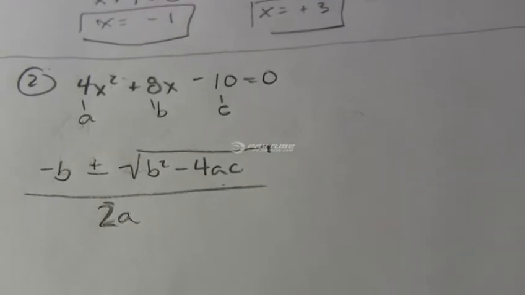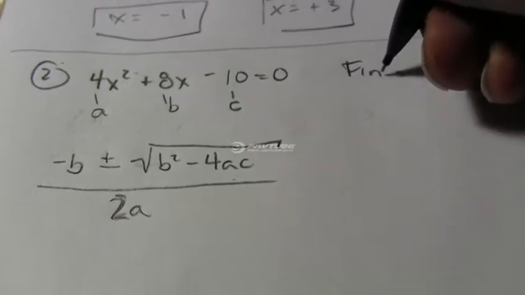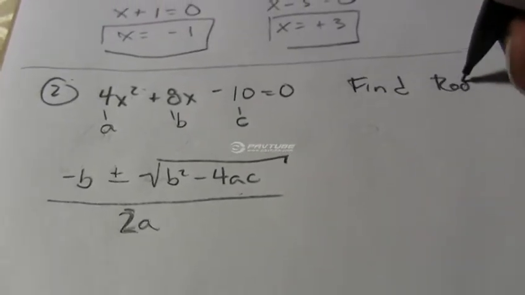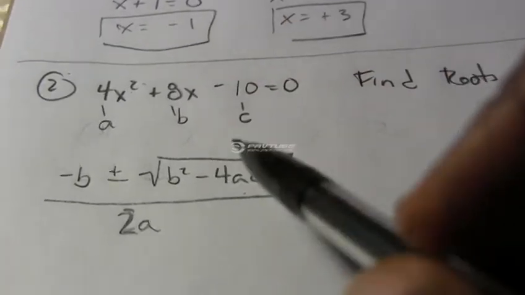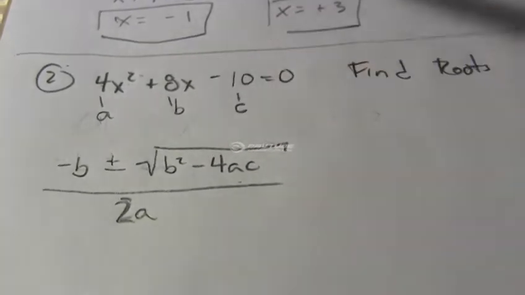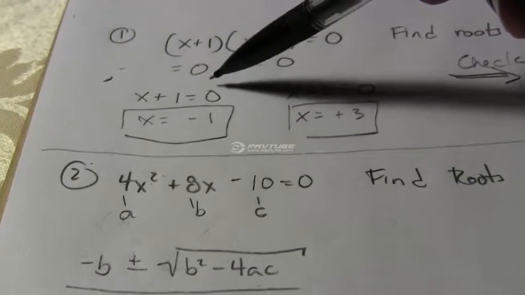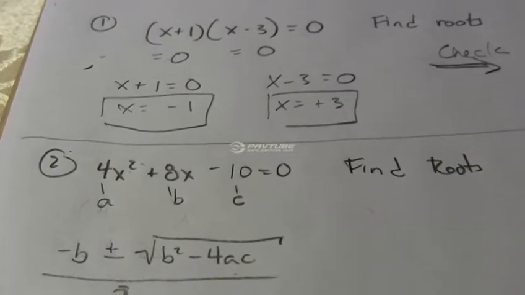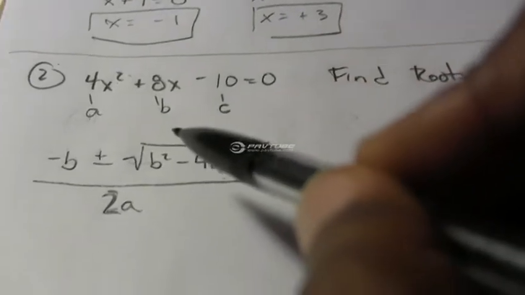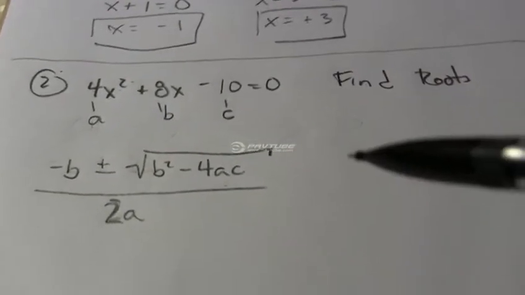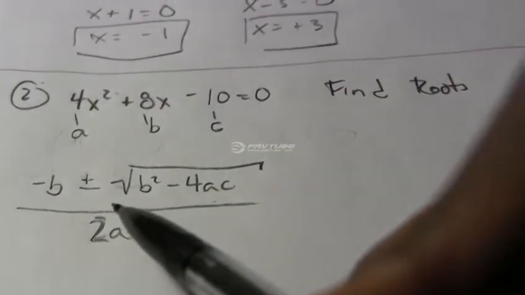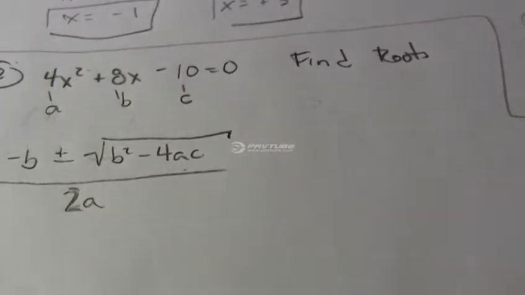But if they ask you to find the roots of something like this, you can try to factor this out into something like this up here, and then set it equal to 0. But this one is a little bit harder to factor, especially because it isn't already set up like that. So you come right here, and you just plug and chug.